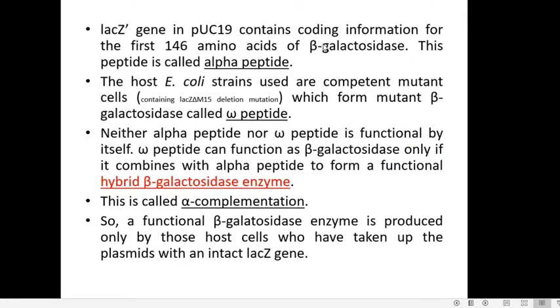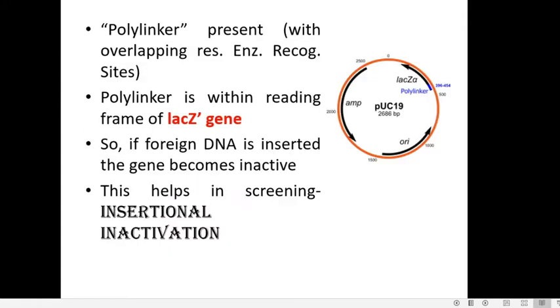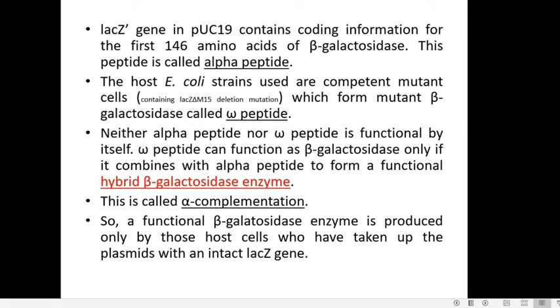So that is our vector. Our vector has the lacZ gene which is able to produce the alpha peptide fragment of beta galactosidase.